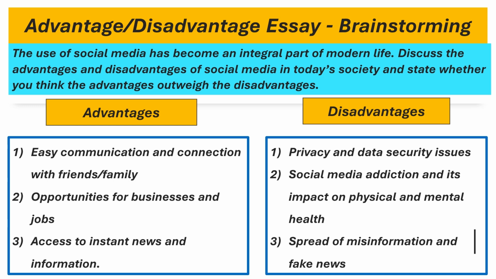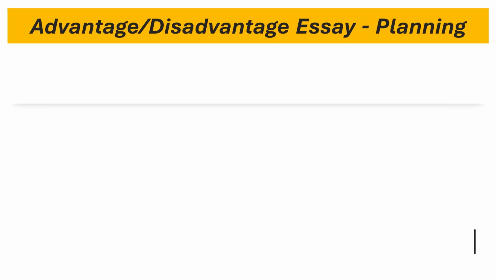During the planning stage, quickly note down relevant vocabulary, particularly synonyms for key terms related to your topic. This will help you maintain fluency while writing, as you won't have to pause to think of the right words. Now, we don't want to list too many points in our essay.